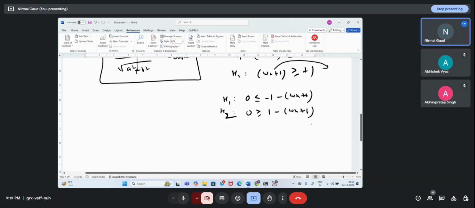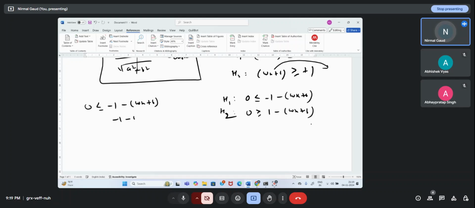on h1, I need to substitute the value of coordinates here in x and y. I don't have any y here, I am having x only. So that will be minus 1 minus of wx plus b, and I can put the value of x equal to 0. So minus 1 minus of w into 0 minus b divided by under root of only w square. So that will remain w. You understood why I am saying under root of w square?